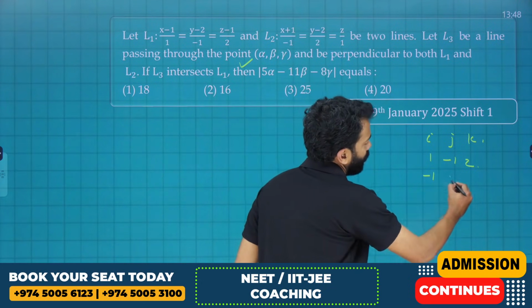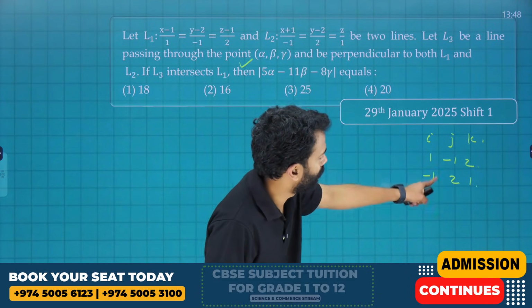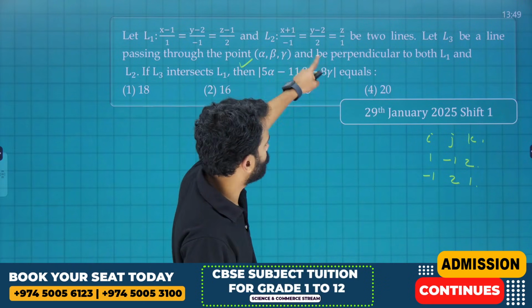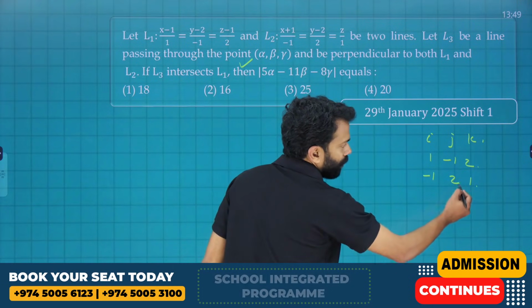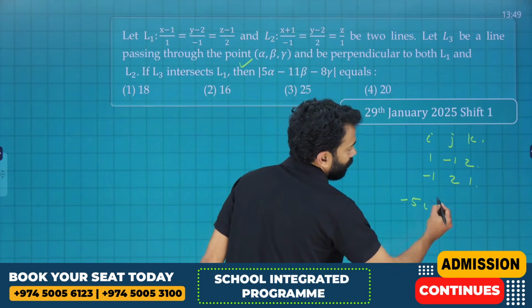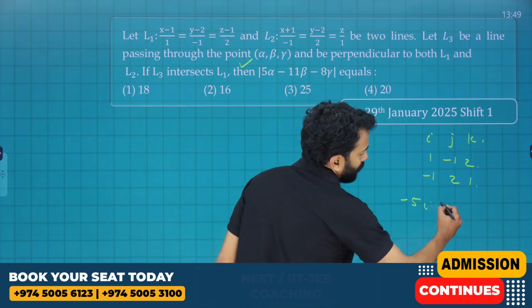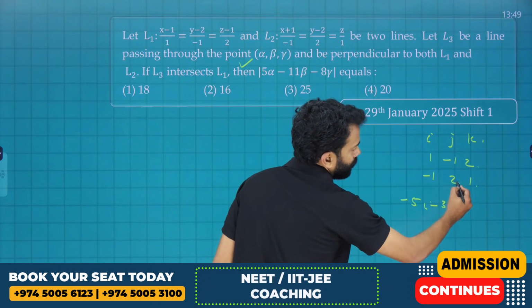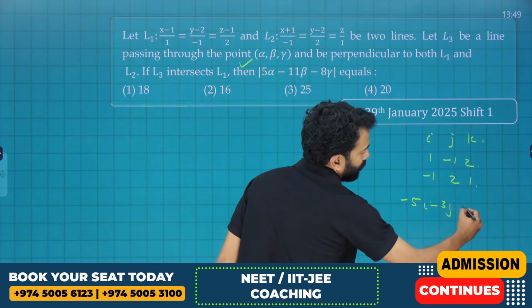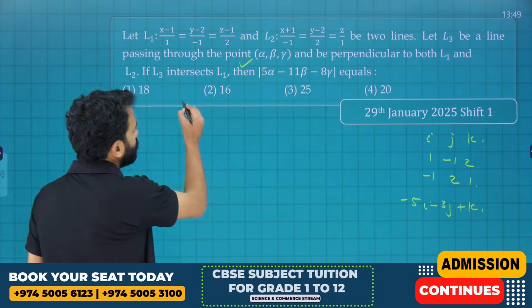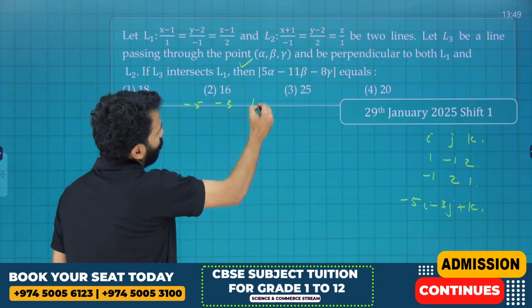That is minus 1, minus 4. Therefore, minus 5i, 1 plus 2 that is 3, minus 3j, and 2 minus 1 that is plus k. So minus 5, minus 3, 1.